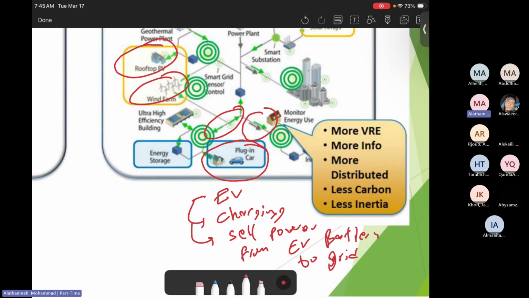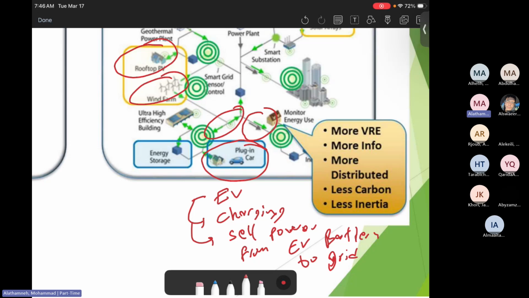Because in the future, as I mentioned in the last lecture, there will be a smart tariff based on peak, off-peak, or evening period, morning period, and night period. Each period has its own tariff. So during the peak, which is during the evening, the energy prices are very high. So maybe as a customer, you can sell power from your EV to the grid because the energy prices are very high. Then you can earn some money.